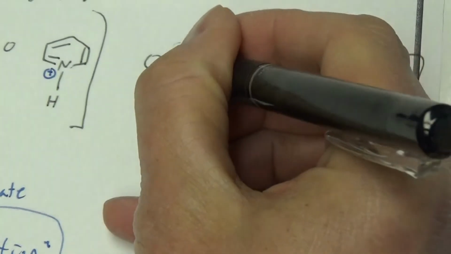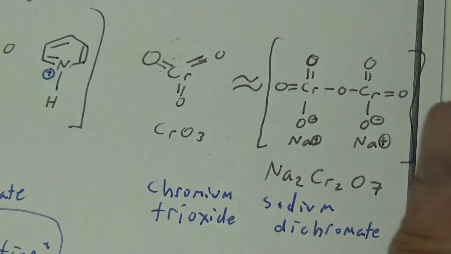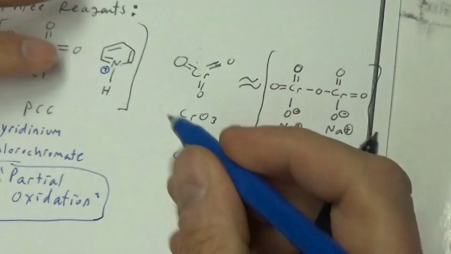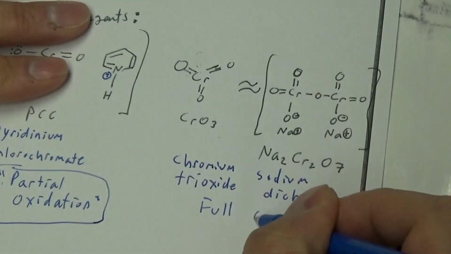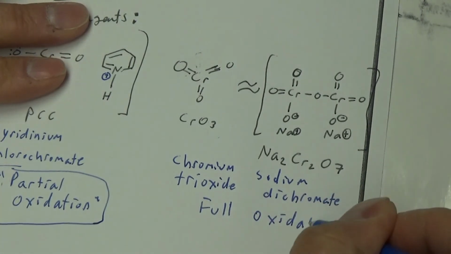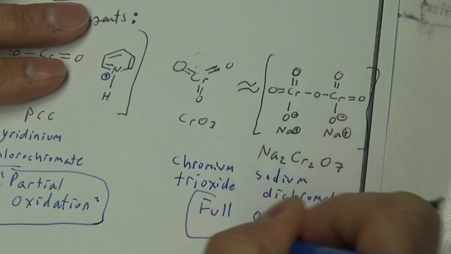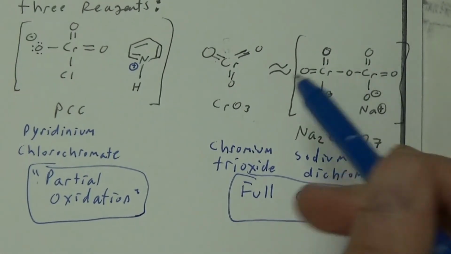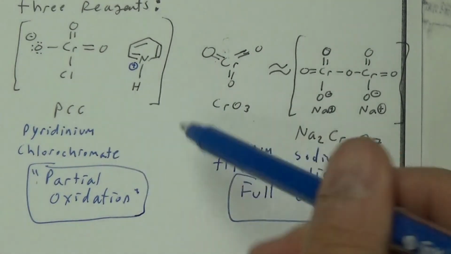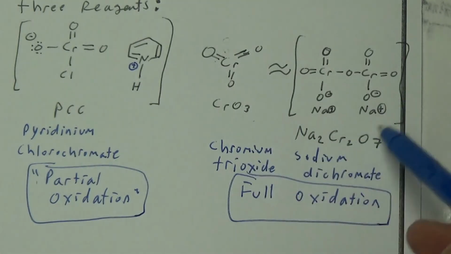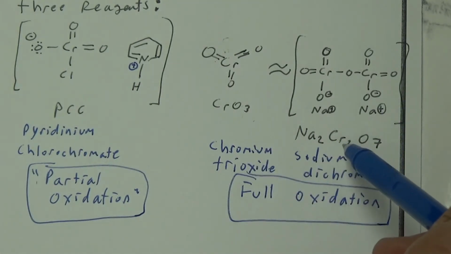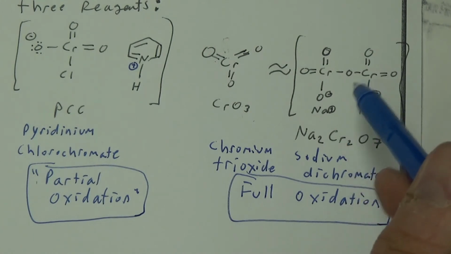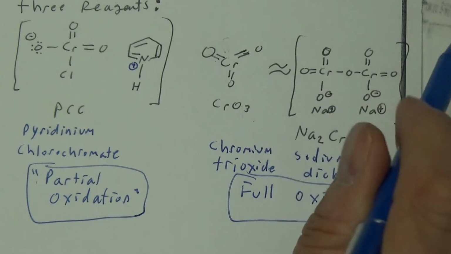CrO3. Now, if the PCC is a partial oxidation, this is a full oxidation. So we're going to see a difference in behavior between PCC and CrO3. If you're reading the book, they're going to talk a lot about Na2Cr2O7, sodium dichromate, but it essentially does the same thing as CrO3.